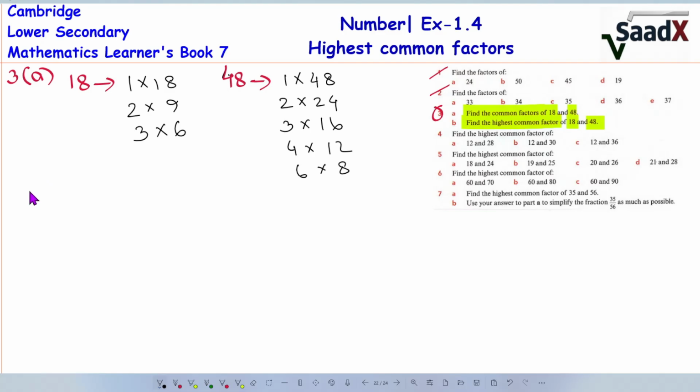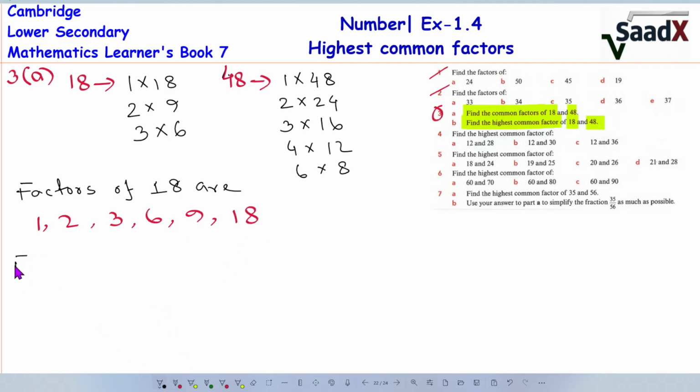So we can write, factors of 18 are 1, 2, 3, 6, 9, 18.